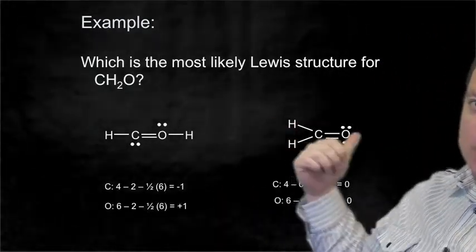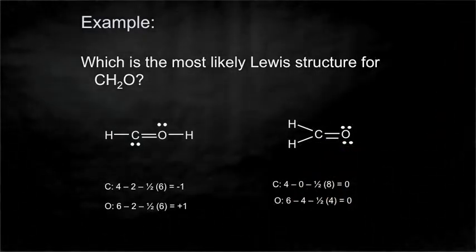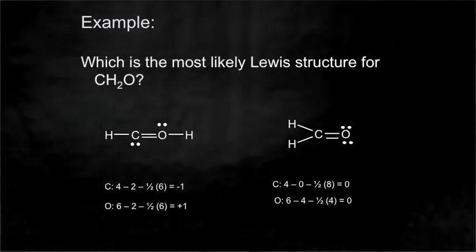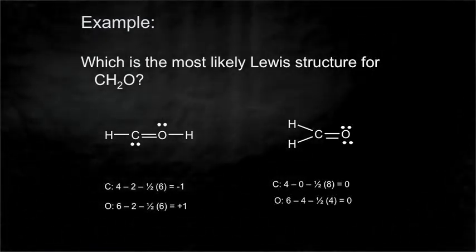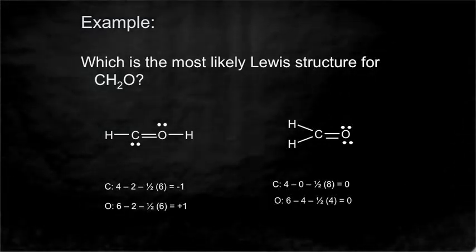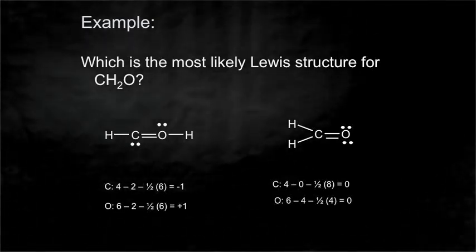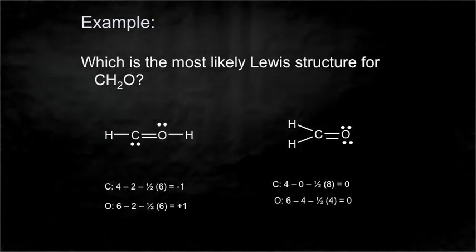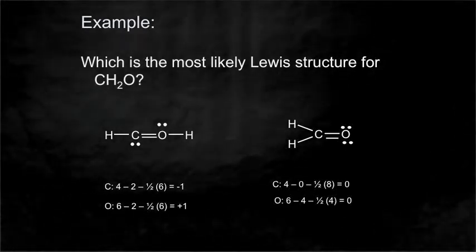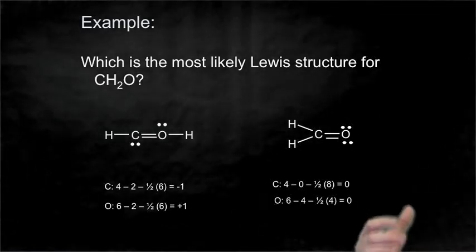If we look at this other structure over here, we see now that the carbon has the total number of valence still of 4. It has no lone pair electrons, that's 0, minus now it's sharing 8, so its formal charge is 0. We do the same thing for oxygen. The valence electrons is 6, minus now it's sharing 2 pairs, or 4 electrons, minus 1/2 of the shared, which is again 2 sets of electrons, or 4, and we see that its formal charge is 0.